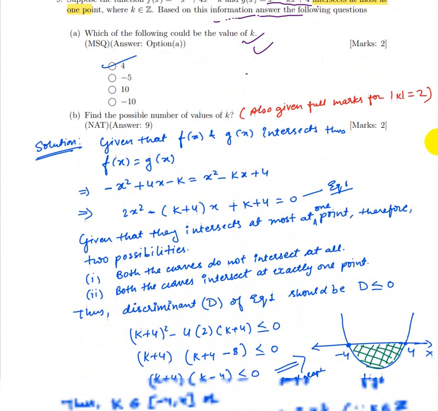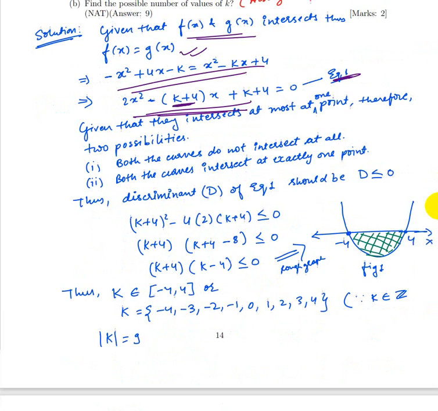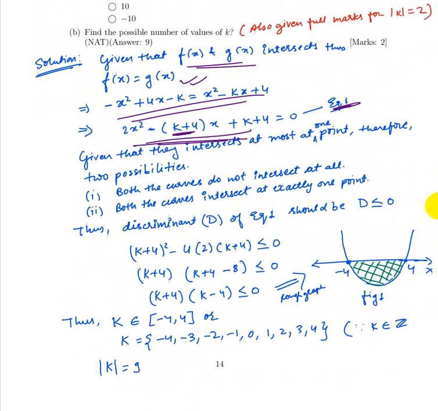Given that f(x) and g(x) intersect, that means they have equal values at that point. So we just equated both of them and got a quadratic equation in terms of x. We have taken this as equation 1, and given that they intersect at most at one point, that means not more than one point.